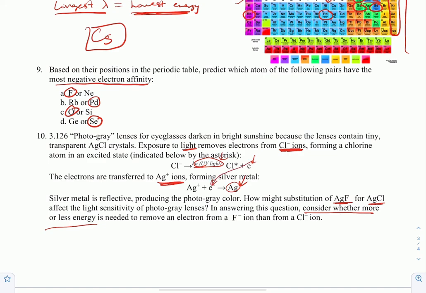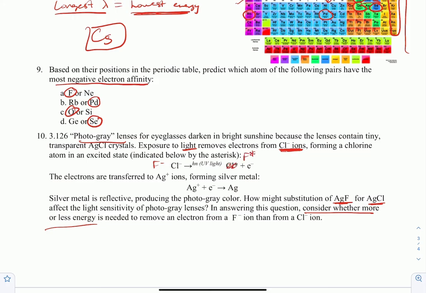That electron then reacts with the silver, becomes reflective, and then helps the photogray lenses keep away the light that they need to. Okay, so if we replace that with fluorine, if we said this is fluorine minus, how would that change? Does it take more or less energy to knock off the electron from the fluorine to create an excited fluorine ion or atom?